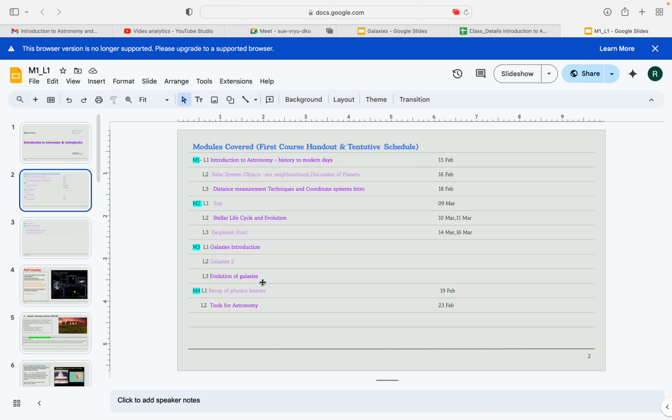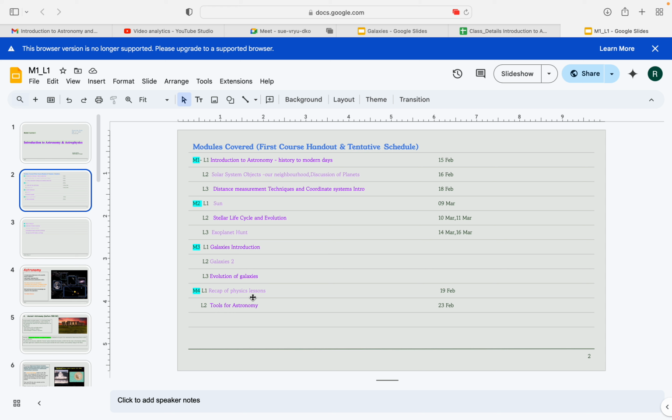After that we covered module 4, just skipping the two other in-between modules. In module 4 we learned about some absorption and emission processes and recapped our physics lessons.